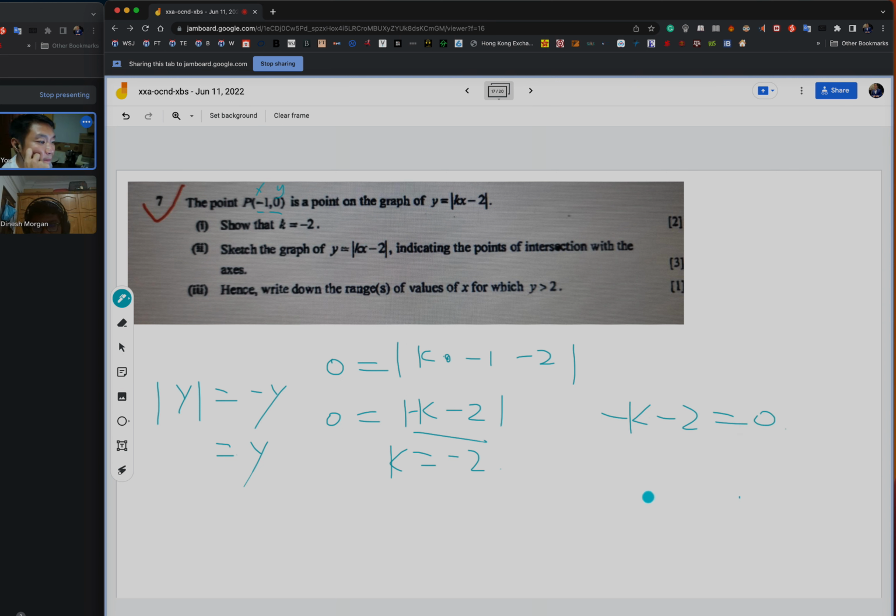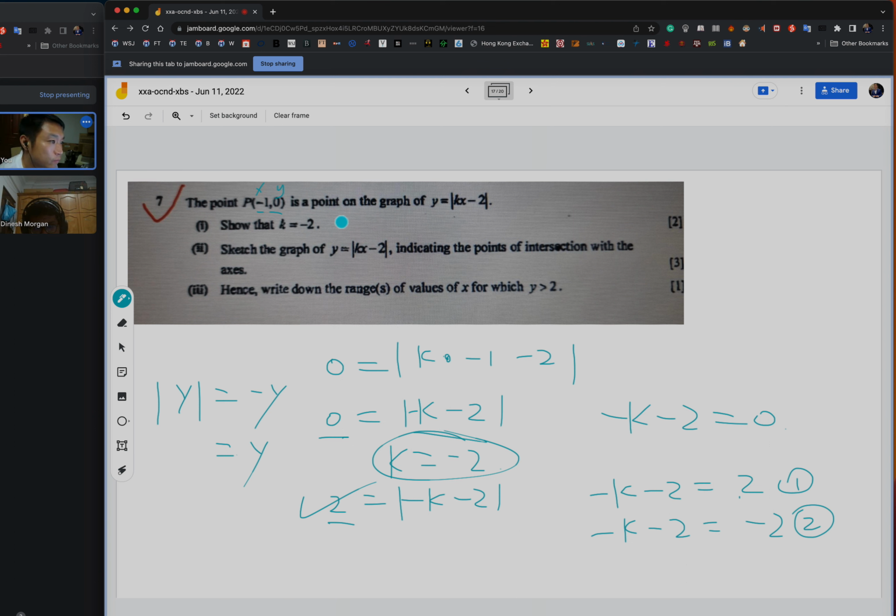But to be 2, then things can be different. This one can be 2, because 2 is going to give you 2, right? Then this one also can be negative 2. So you have 2 values of k if we are doing this question. But we are doing 0, so k has only one value, which is negative 2.